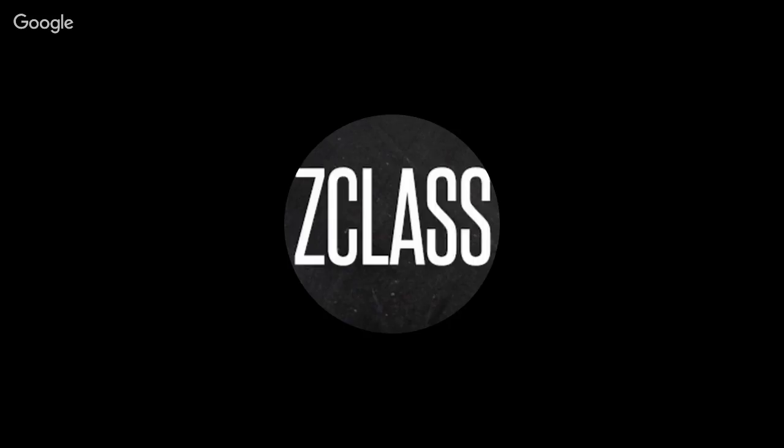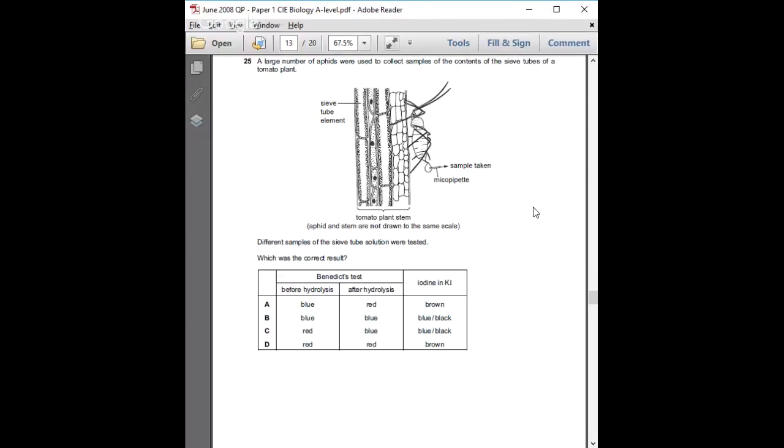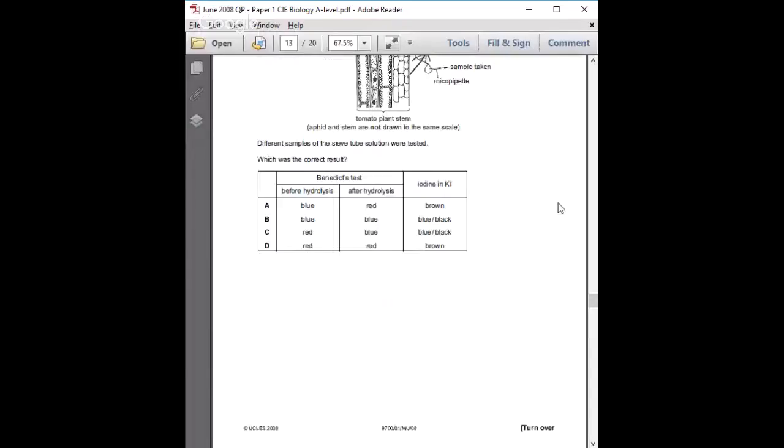When sucrose is hydrolyzed and broken into monosaccharides, monosaccharides are reducing sugars, so the Benedict's solution would turn from blue to red. Good. Perfect. Just A.